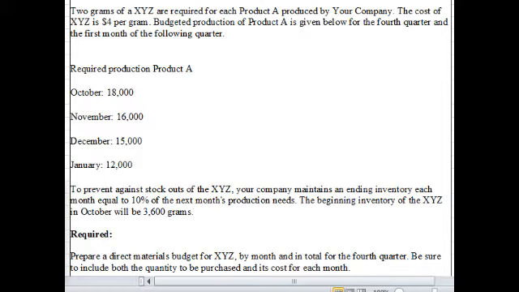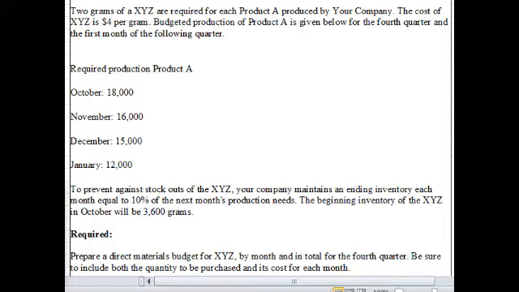A lot of companies like to have additional inventory in addition to your production needs. So in this case, the company would like to maintain 10% of the next month's production needs, meaning you may not need the 10% additional material, but you want to keep it just in case your production runs out of this material.